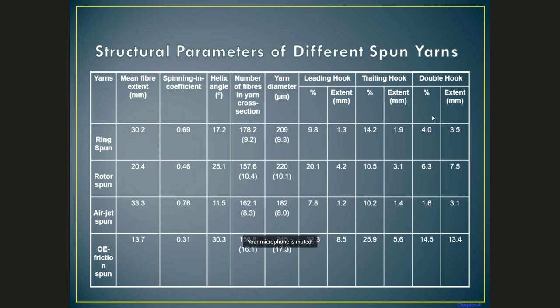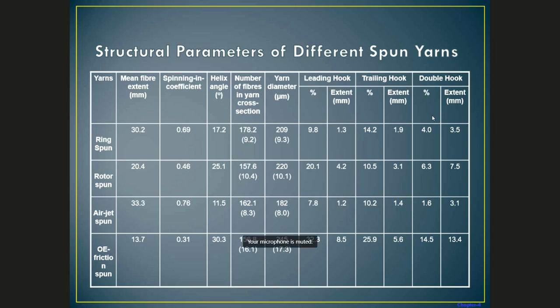So here you see that out of these four technologies, spinning coefficient in case of air jet spun yarn is highest, followed by ring, rotor, and friction. So again, this phenomenon you can explain by how fiber consolidation is taking place, how fiber twisting is taking place, how fiber picking is taking place.